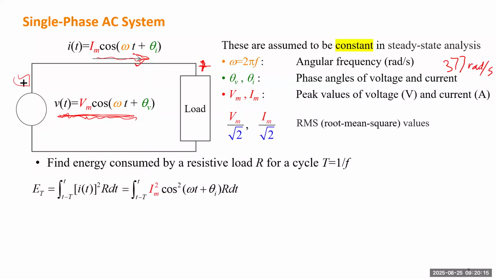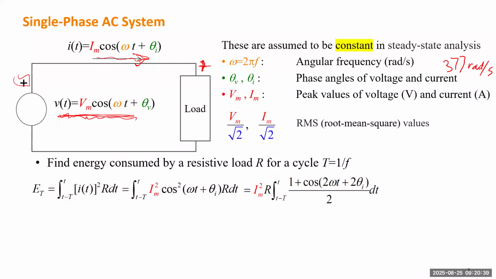We can use this formula to convert any cosine function squared into a half of 1 plus the cosine function with the angle doubled. Using this trigonometric identity, we integrate 2 terms.